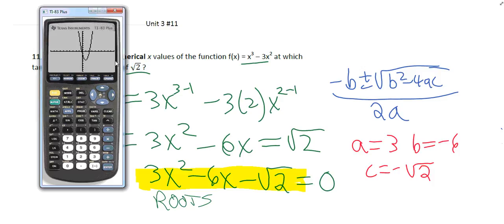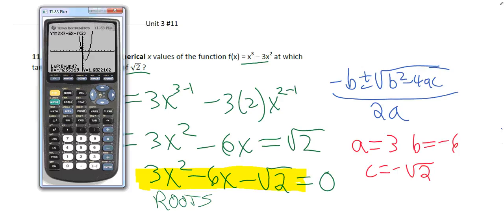So anyway, let's get this down. We'll go to the calculate section, and look for number 2 and find the 0. If you haven't done this in a while, remember, since we have 2 roots, we have to make sure we're in the right region when they're asking us the questions. The first question they're asking us about is the left boundary.